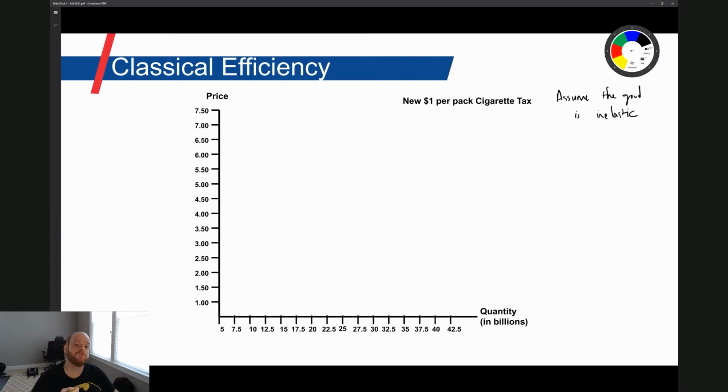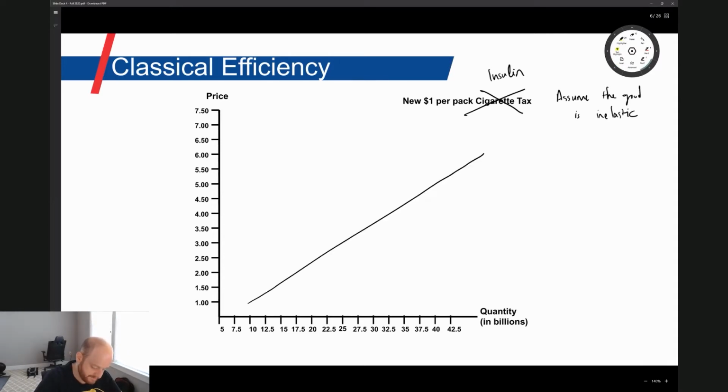Like if people absolutely need something, like let's say we're talking about, instead of cigarettes, insulin, right? People absolutely need insulin, so movements in the price will not affect the quantity purchased as much.